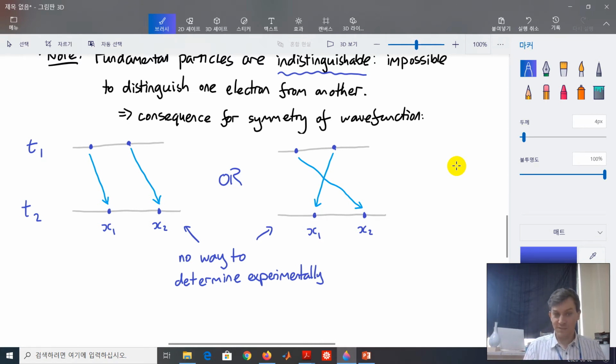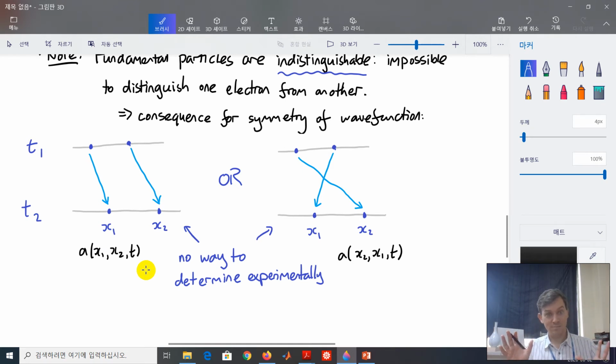So if this first evolution here has a wave function given by ψ(x1, x2, t), and this second one, because x1 and x2 are swapped around, has a wave function given by ψ(x2, x1, t), then the fact that you can't distinguish these two events must mean that both wave functions should give the same probability.